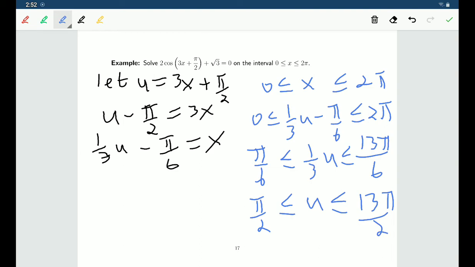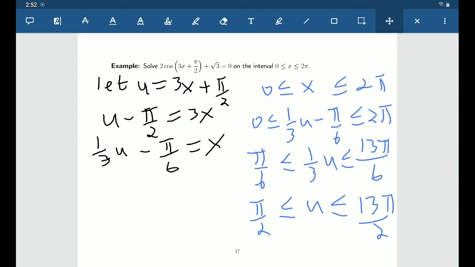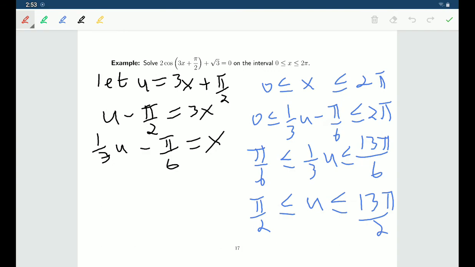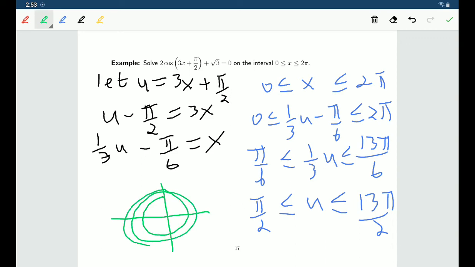So 13 pi over 2, that's the same thing as 6 pi plus pi over 2, or 3 full circles plus pi over 2. So if we're thinking about our interval that we're solving on for u, then we're really looking at starting at pi over 2 and going 3 full circles around.